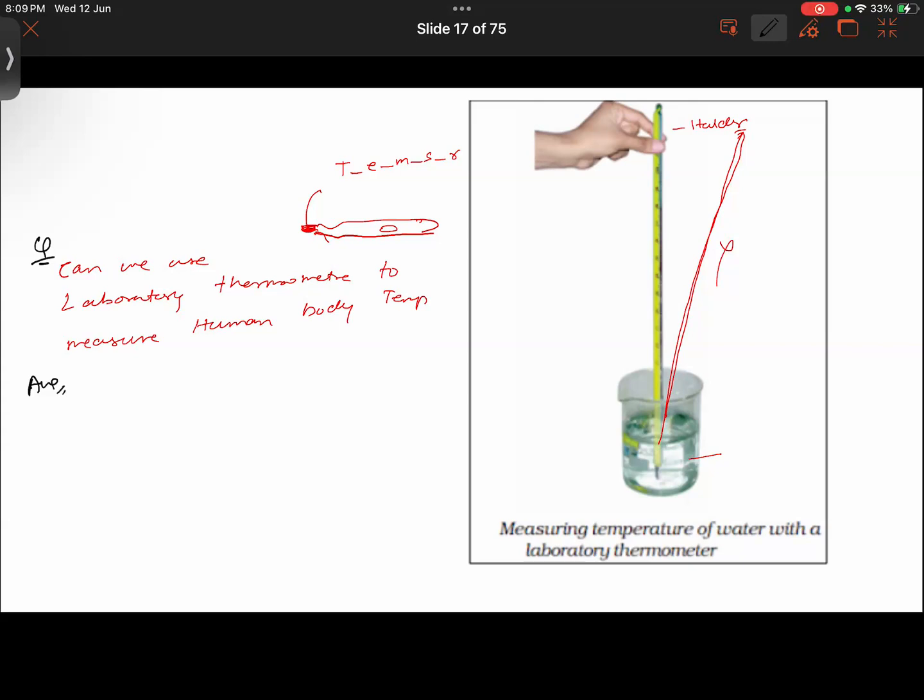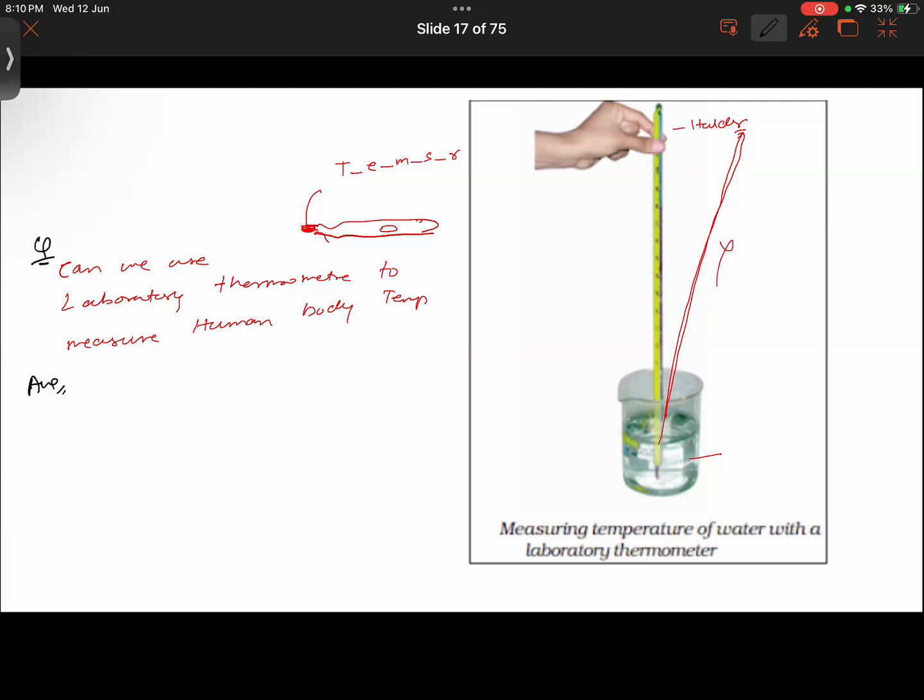Okay. See, basically, as soon as you take it out, the reading will be wrong. Correct, that is correct. As soon as you take out the laboratory thermometer from the mouth of the person, the level of mercury in the tube will start to fall back very quickly, because the bulb will start to cool down.